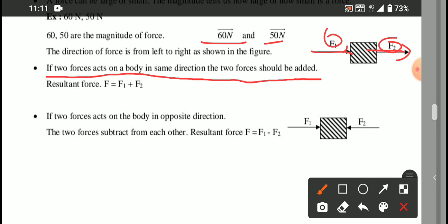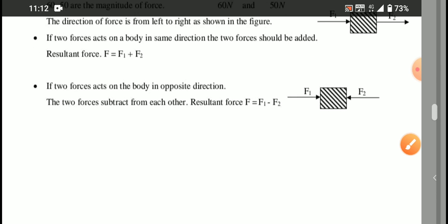So the resultant force F is equal to F1 plus F2, because both are acting in the same direction.